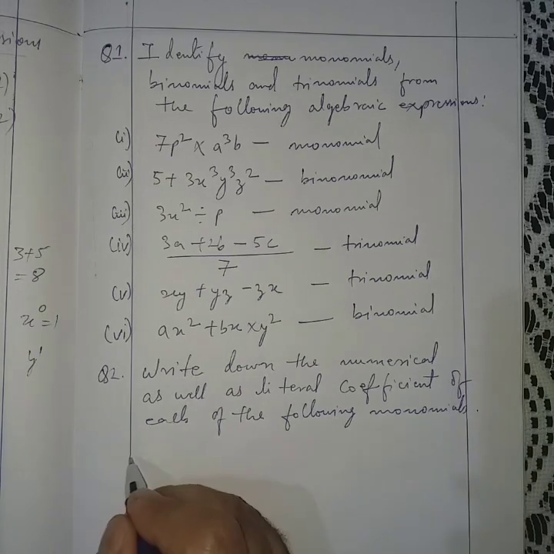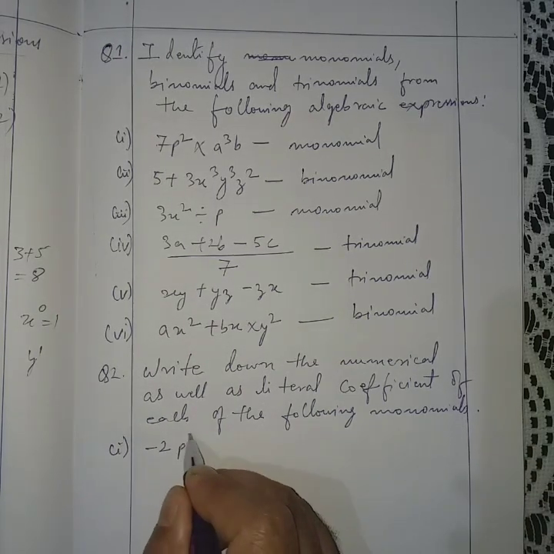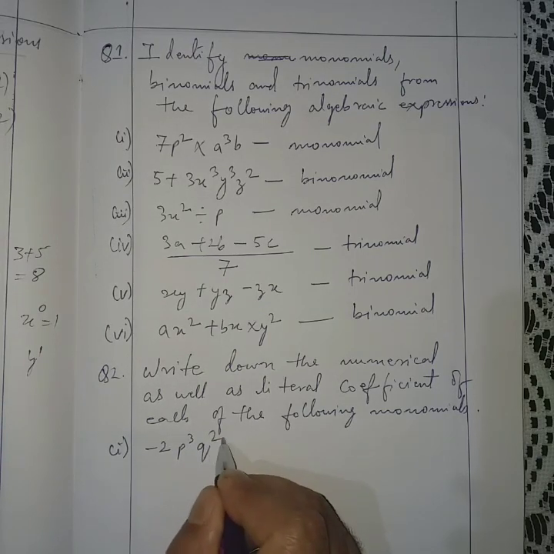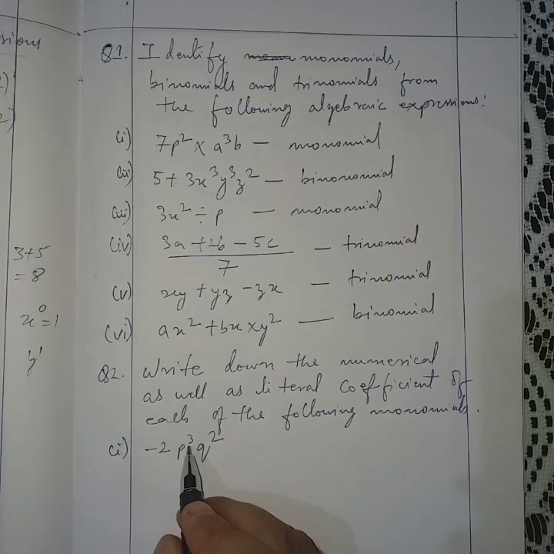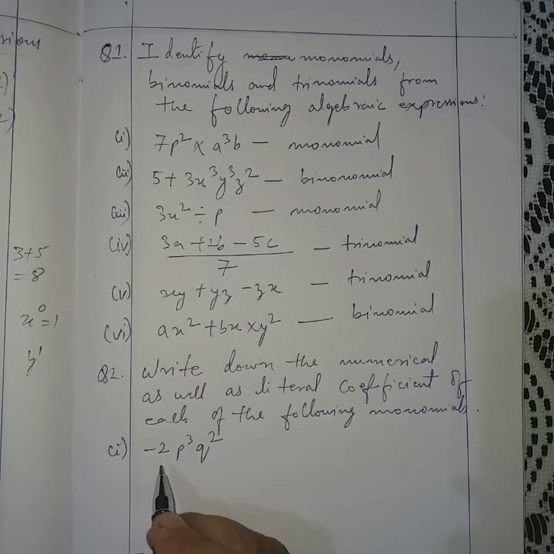Now question number 1, minus 2p cube q square. Okay, so here the numerical number is minus 2. This is a number, so it is called the numerical coefficient.